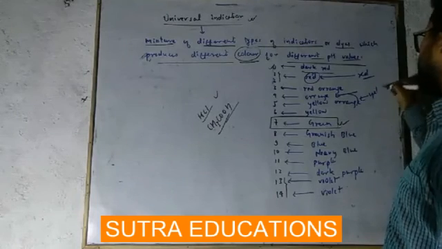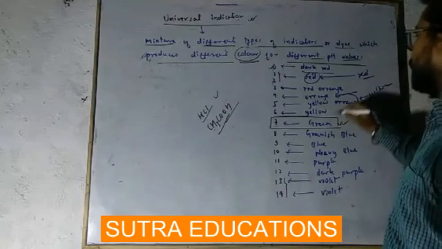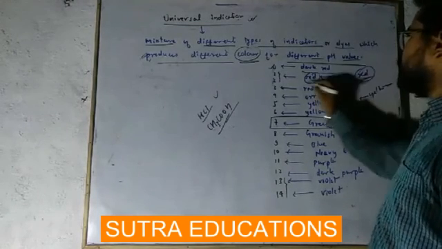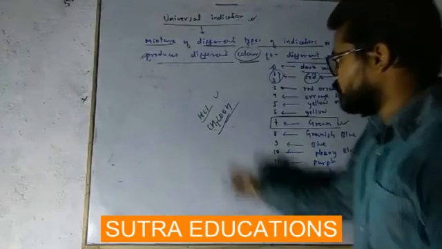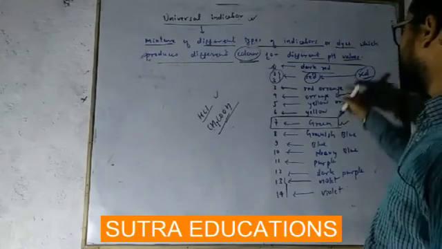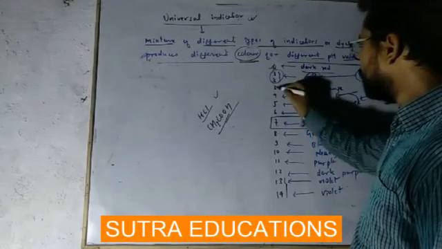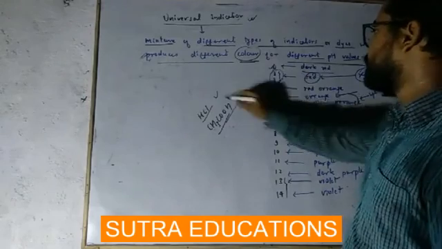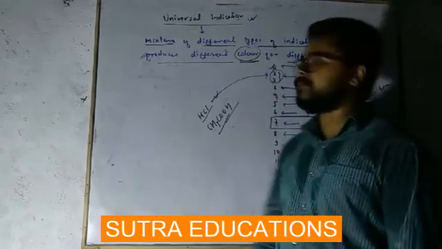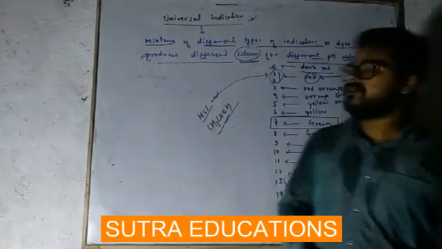Okay, so from this we can say, since HCl is producing red color, its pH will be 1 or 2, and CH3COOH is producing orange color, so its pH will be about 4. Means this HCl will be more acidic. So this is about universal indicator.